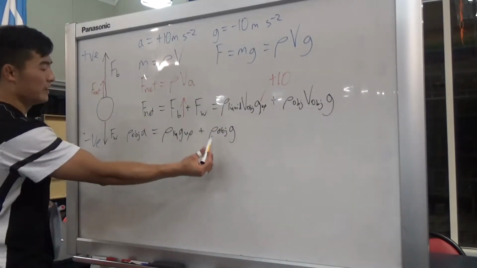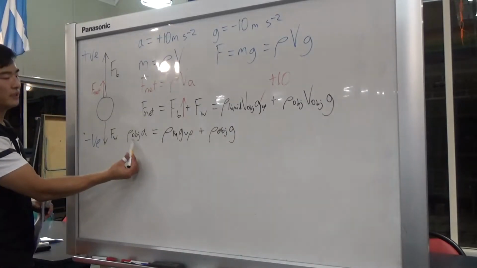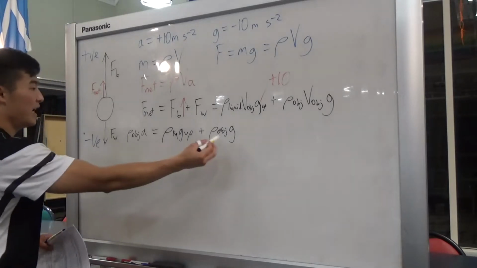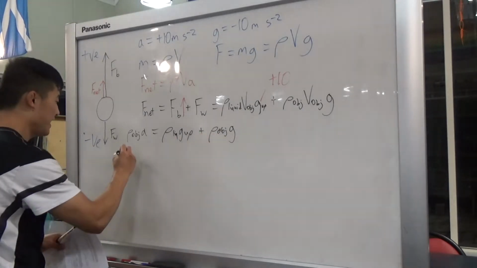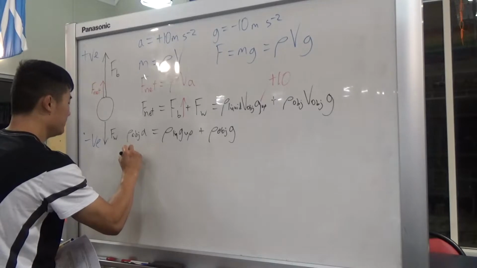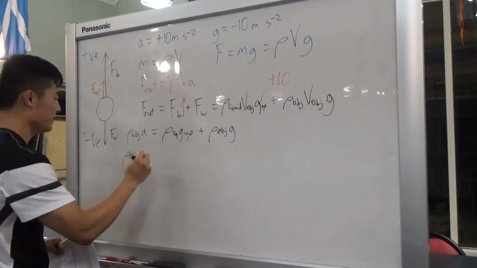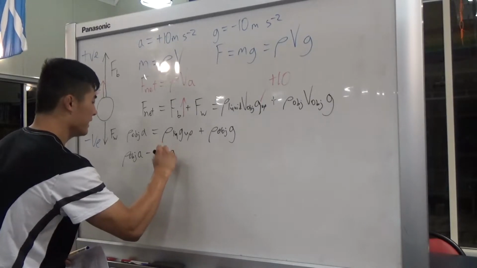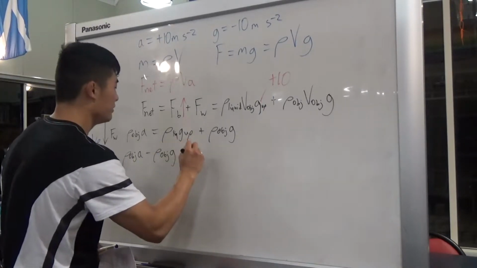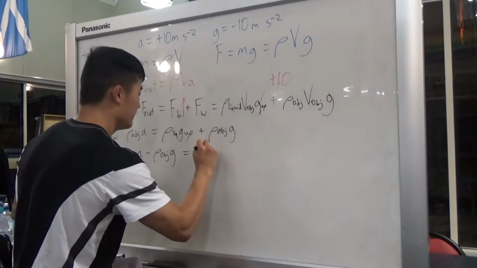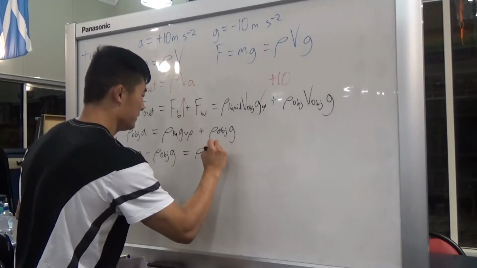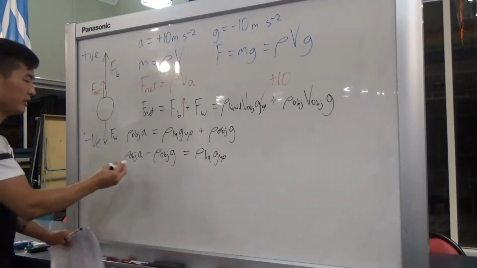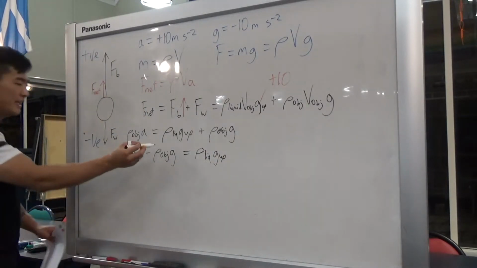Okay, so we want to get the density of the object both on the same side. So we're going to minus density of object times gravity from both sides. So then density of object times acceleration minus density of object times gravity is equal to the density of the liquid times gravity up.